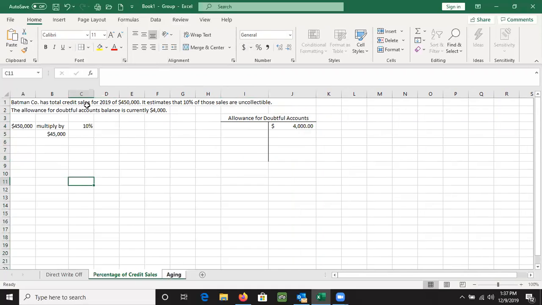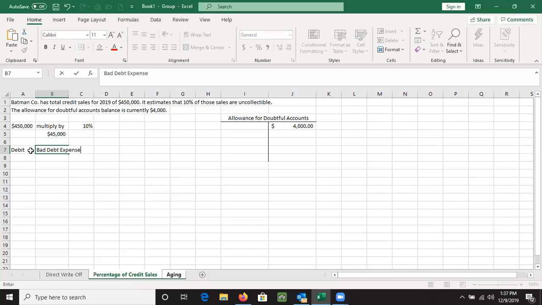Okay. Now for 2019, credit sales are $450,000. Since we're using the percentage of credit sales method, we multiply that by 10%. So for 2019, we estimate $45,000 will not be collected. Under the allowance method, the journal entry, when you estimate what's not collected, is a debit to bad debt expense.